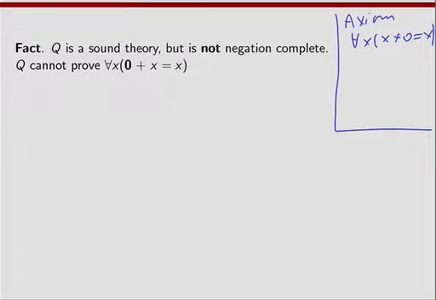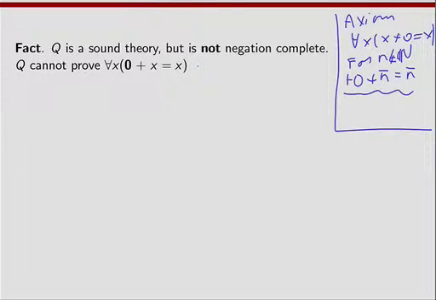We can prove for each natural number that 0 plus the numeral n must be equal to the numeral n. So every instance of this axiom can be proved. Well, every instance involving the natural numbers. But we can't prove the generalization of this fact.